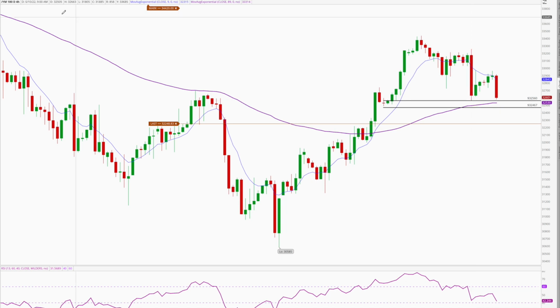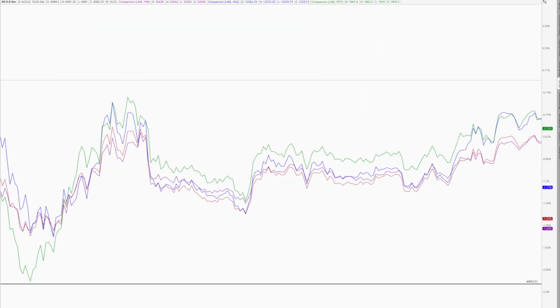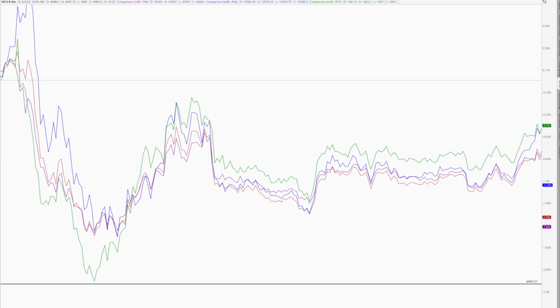All right. So what I'm going to show you guys is a flexible grid chart, which basically compares all of the equity indices across a specific time frame.